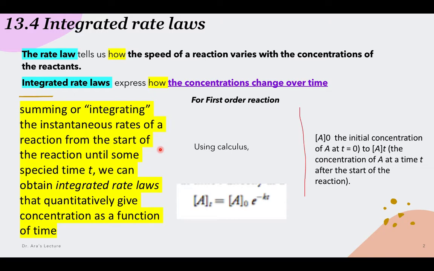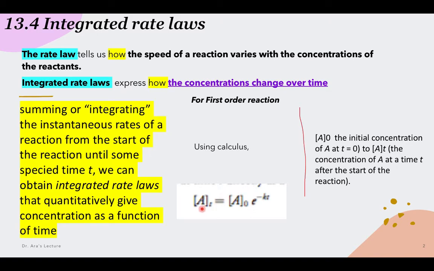By summing or integrating the instantaneous rates of a reaction from the start of the reaction until some specified time, we can obtain the integrated rate laws that quantitatively give the concentration as a function of time. So, this is the actual equation.